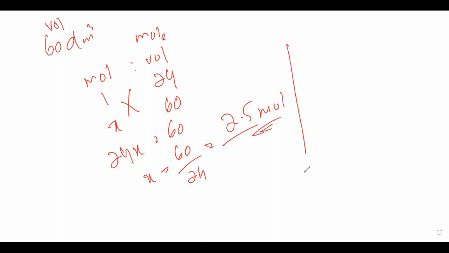So these are three things. These are called mole calculations. I think you are studying the book of Matter. If you are studying that book, it's in chapter number 8.